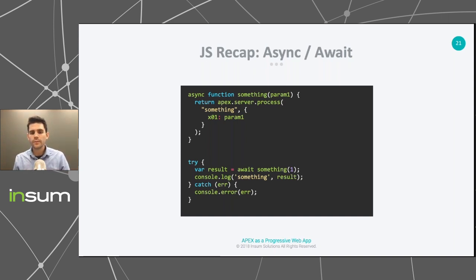So let's turn the previous example to use async and await instead. First, we indicate that the function something is asynchronous. We just add the async keyword before the function. Then what we want to do with an async function is to await it. This waits until the result is resolved before moving forward.